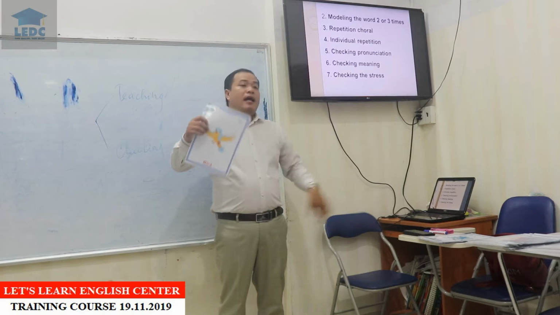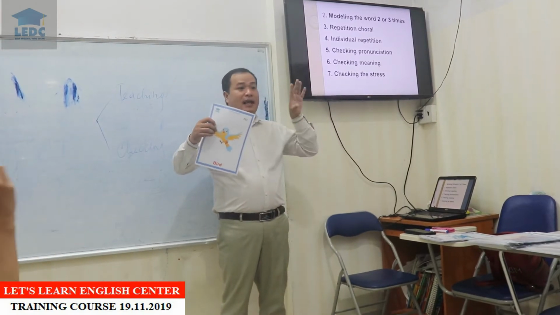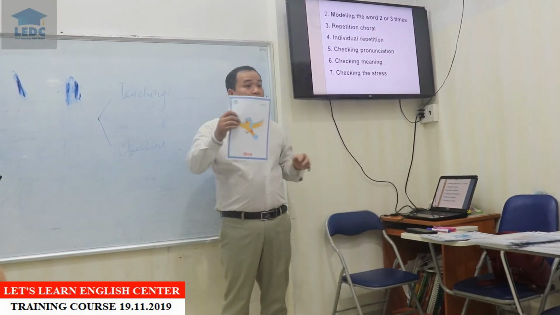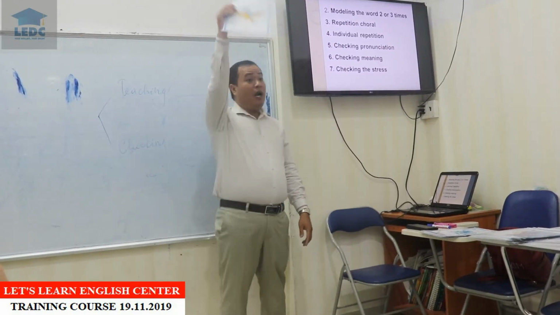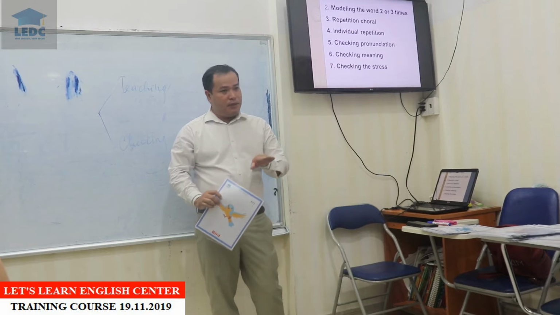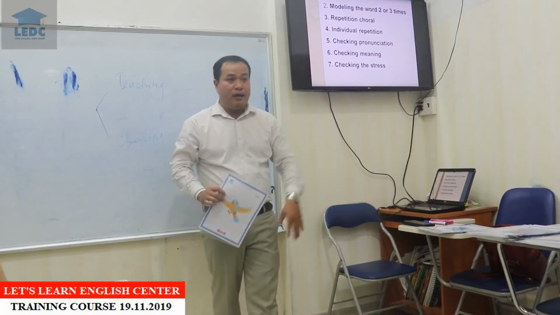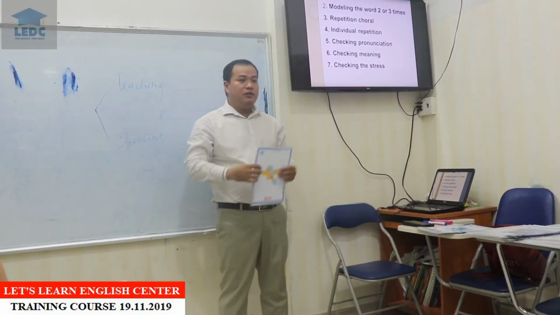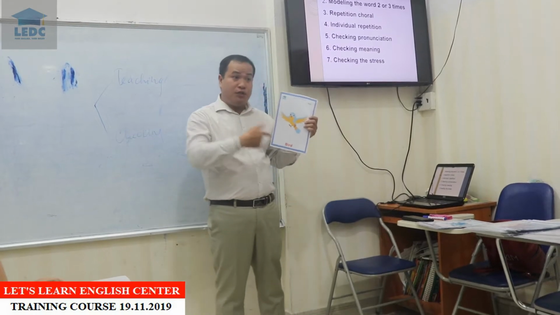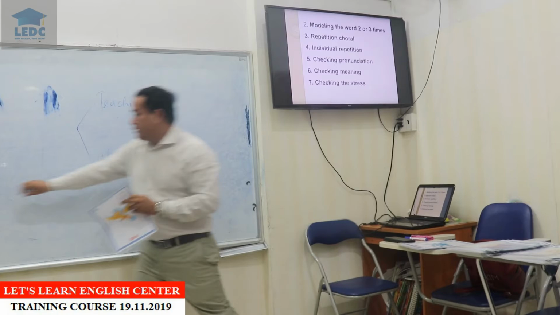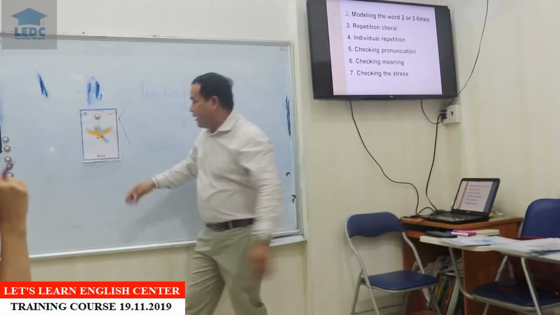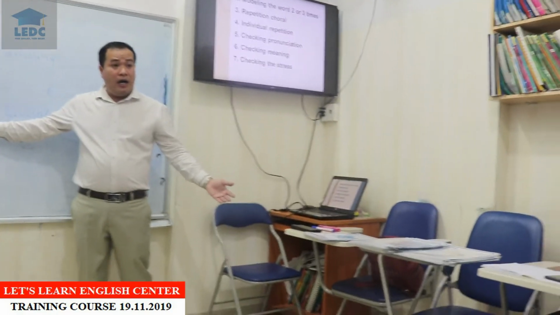Everybody now, listen and repeat, bird. You let them repeat the word loud and low, and you can use body language to demonstrate. You can stick it on the board like this and say, everybody say, bird.